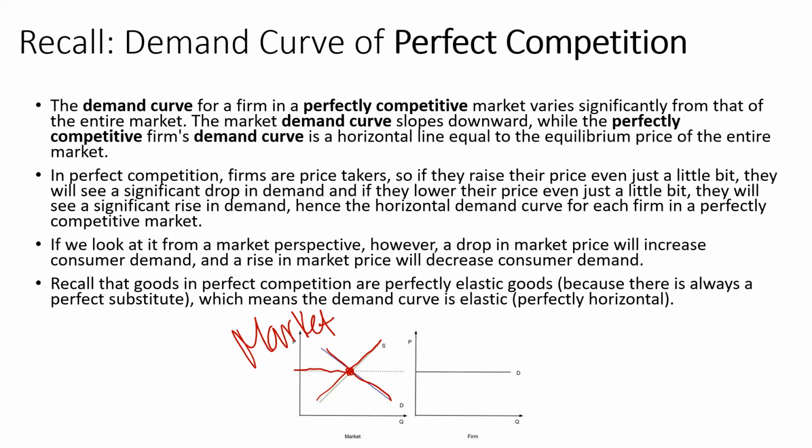So where supply meets demand, that's the price that will be in the market, and we follow it down to see the quantity that would be produced. This is the supply and demand curve for the market. So if the market, for whatever reason, increased the price, the demand would be less and the supply would be more, and we would actually have a surplus.